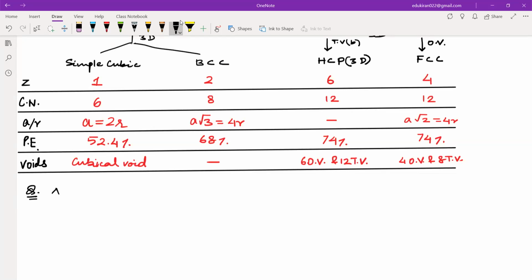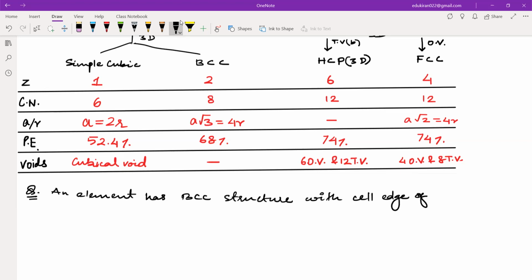An element has BCC structure with cell edge of 288 picometer.